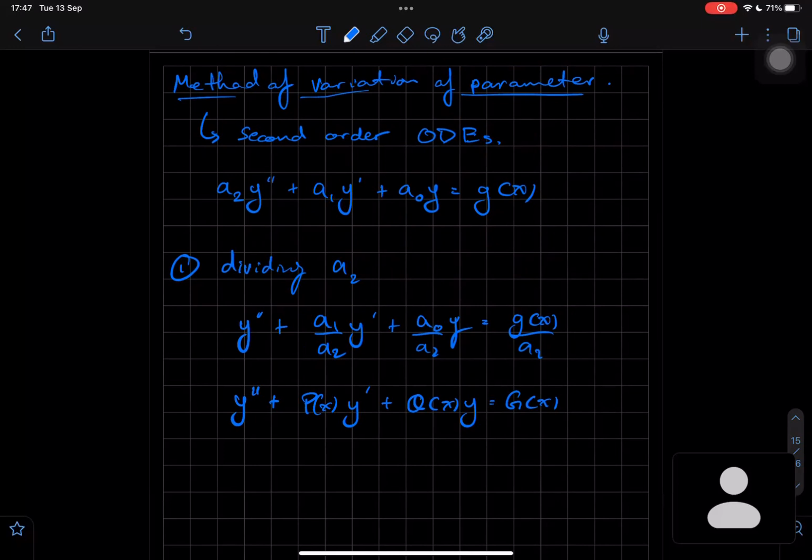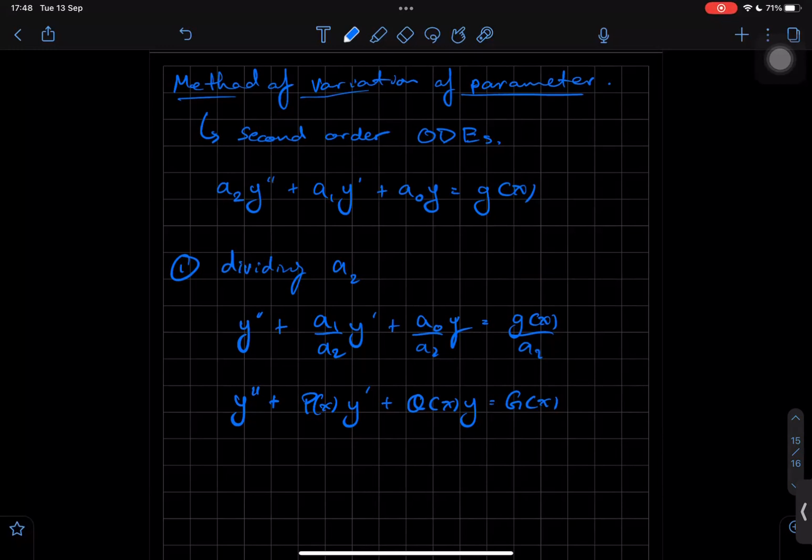So it's a non-homogeneous linear equation, and it doesn't have to be constant coefficient. So I can write it as p(x), q(x), and g(x). It can be a function of x.